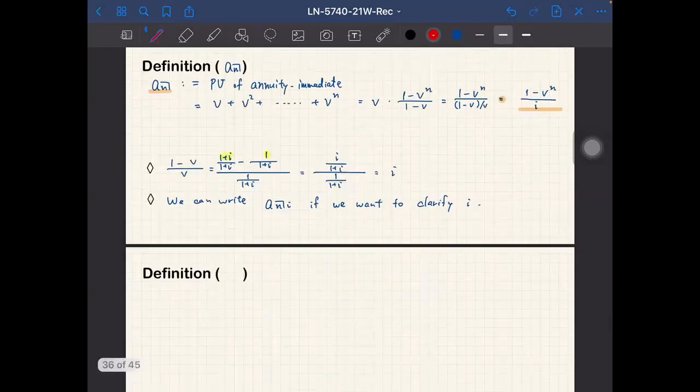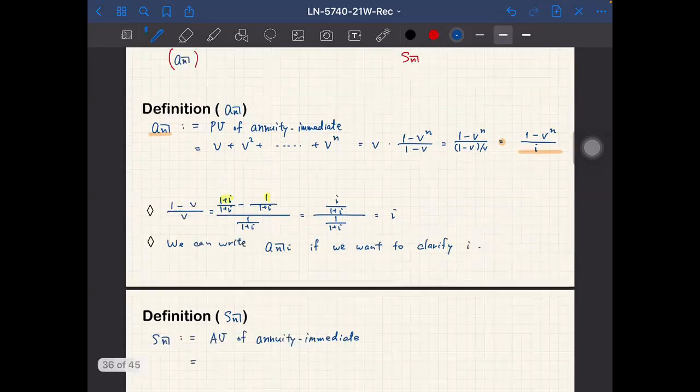So s angle n is defined as the accumulated value of annuity immediate of n years.